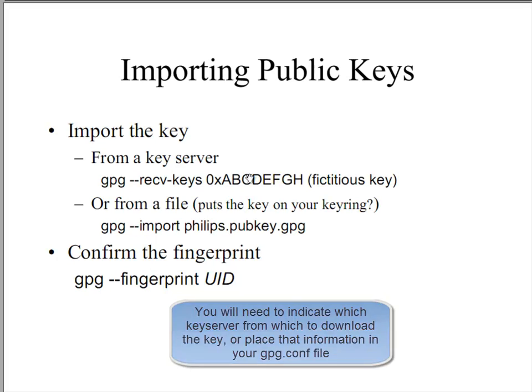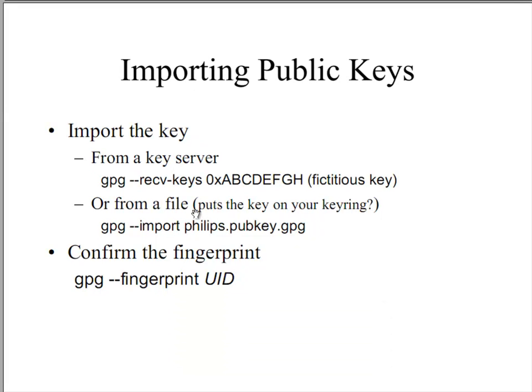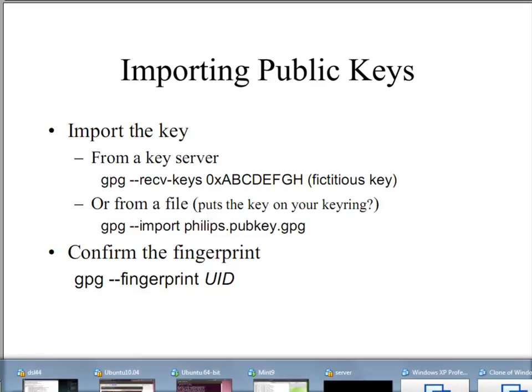And this is just a fictitious key that I created. Or if somebody has sent you a file, you can import it directly using gpg --import philip-pubkey.gpg, and then we want to confirm the fingerprint using gpg --fingerprint UID. So let's take a look at that.